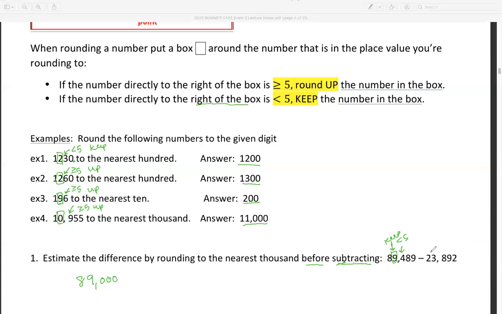And then here, the 3 is in the 1,000 place. The number to the right is 8. That's greater than or equal to 5. So we're going to round up. So we're going to go from 23,892 up to 24,000. You can throw that into the calculator, do it in your head or by hand. Your answer is going to be 65,000.